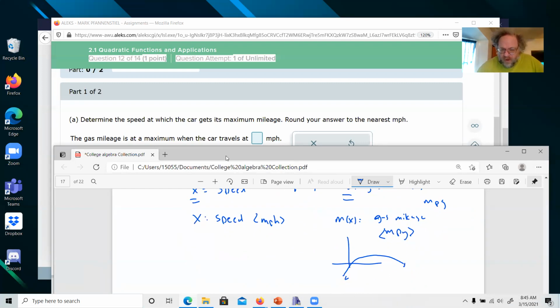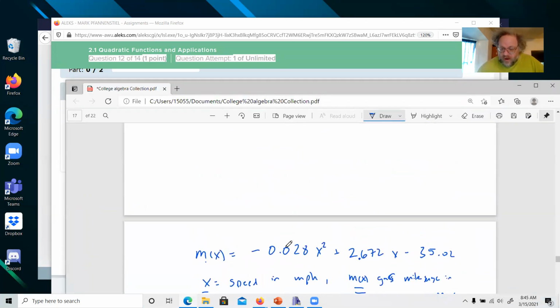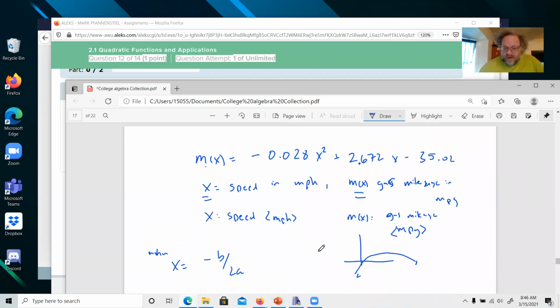So why don't we go ahead and figure out the maximum. That's going to be where the vertex is. And again, we could use complete the square on this, but I would highly recommend against that method. I would use the vertex formula and say the maximum happens when x is equal to negative b over 2a. So what do we have for negative b over 2a?